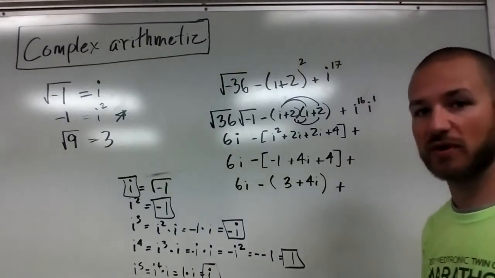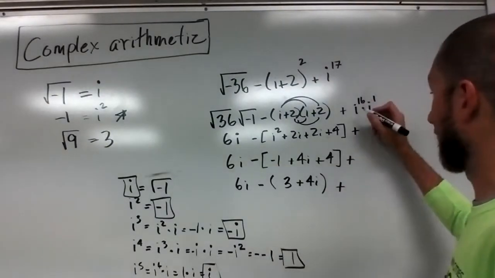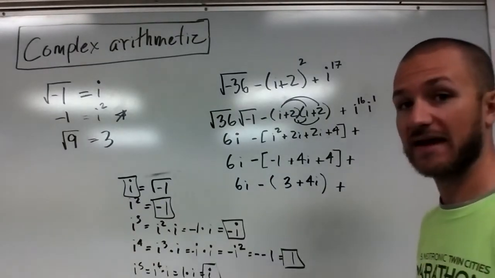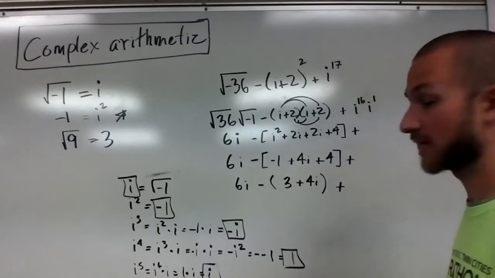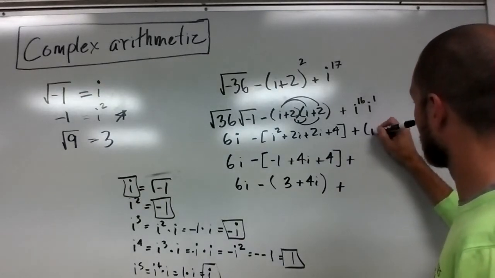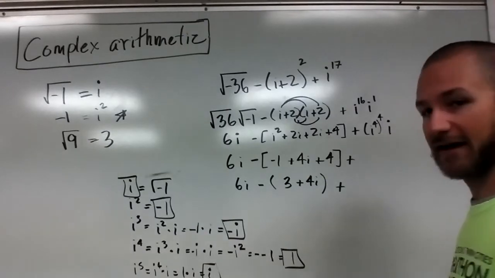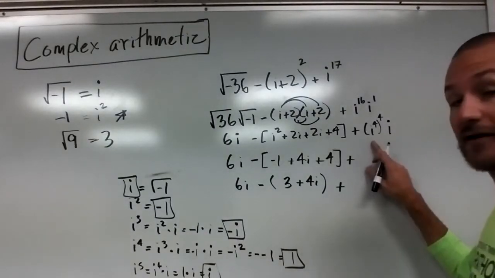Using exponent properties, we can rewrite i to the 17th as i to the 16th times i to the 1st. Again using exponent properties, I'm going to take that 16th and turn it into i to the 4th, to the 4th, times i. I figured out i to the 4th.